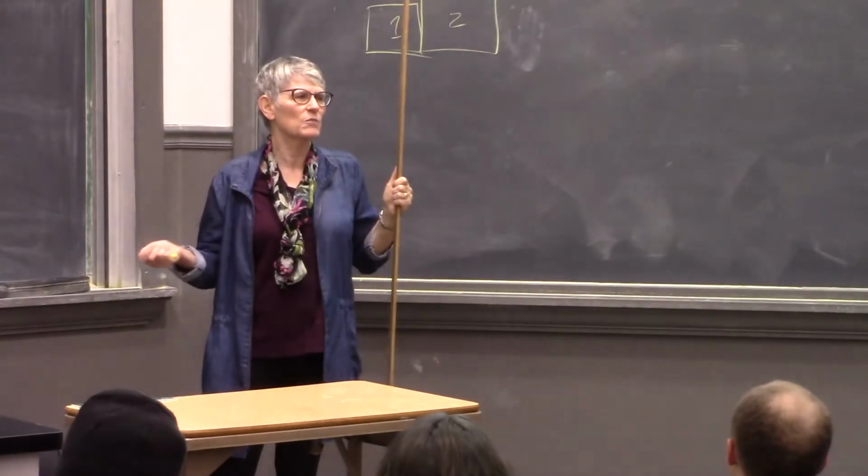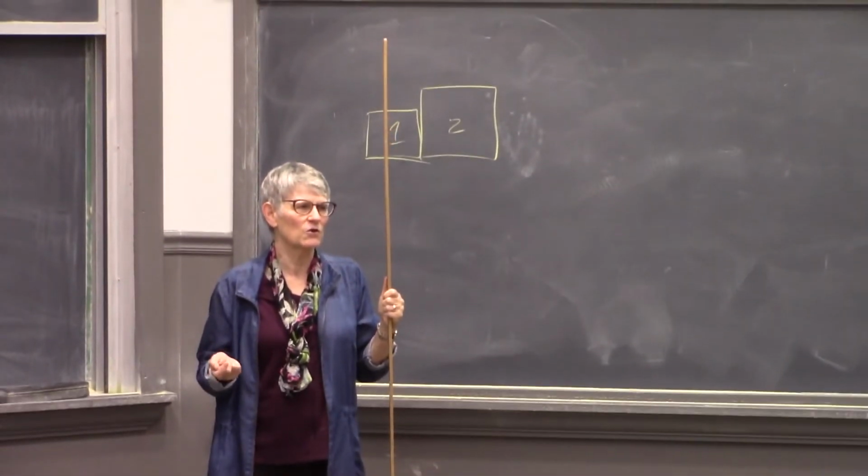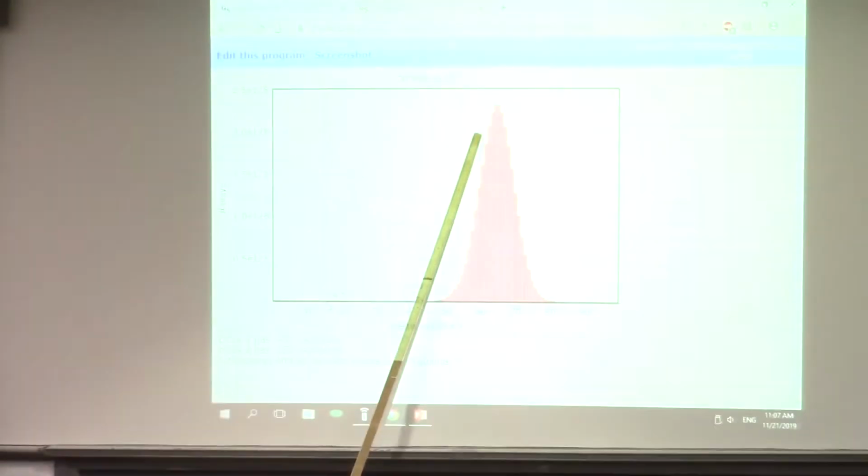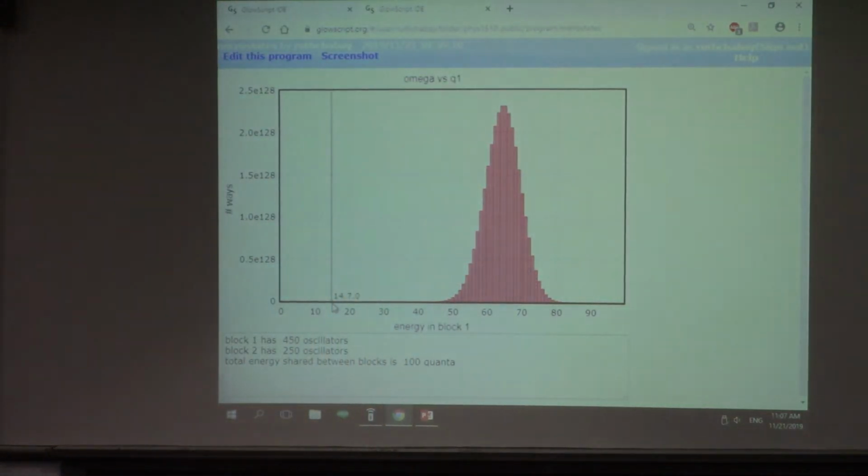And so that's the most probable thing, because that's the thing we just see most often, although some situations that are not quite that are also fairly probable. But the probability of having most of the energy in block 1 is actually extremely small.